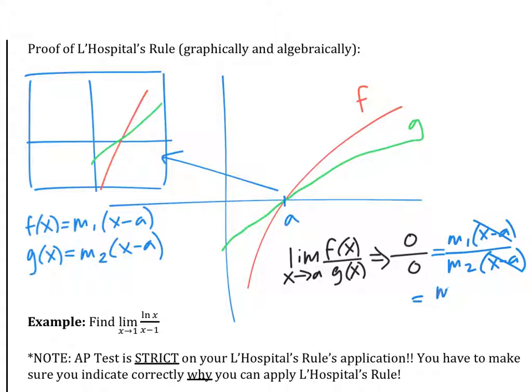You just have the slope of f over the slope of g. So basically, L'Hopital's rule is derived from knowing that it's a locally linear graph, which means it has to be differentiable to be locally linear.